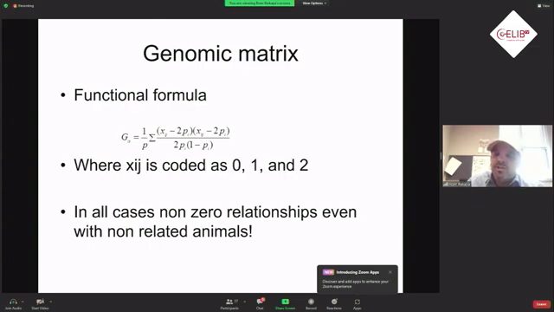We say we are looking at the additive relationship between individuals, meaning we are tracking the sharing of alleles between individuals from a common ancestor. So if these animals do not have any blood relationship, where is that similarity coming from? If we talk genomic, there are some traits or genes that only have 2 or 4 alleles.